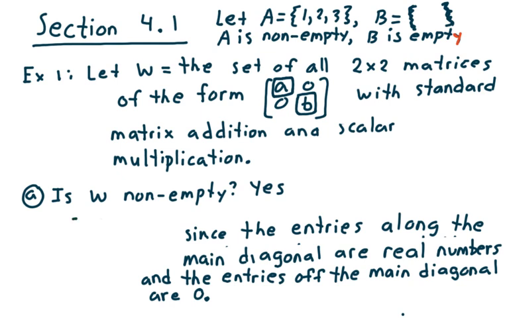It does turn out that the matrix in which each of the entries is zero, and that's a 2 by 2 matrix, by the way, belongs to W, since the entries along the main diagonal are real numbers, 0 is a real number, and the entries off the main diagonal are 0. So notice how it takes on this form. And so therefore W is indeed non-empty.